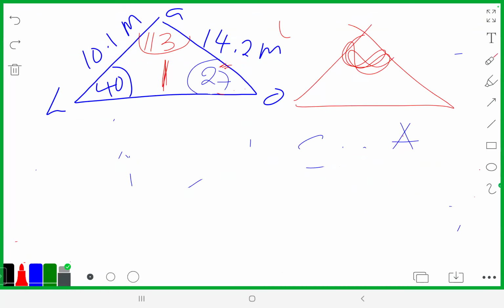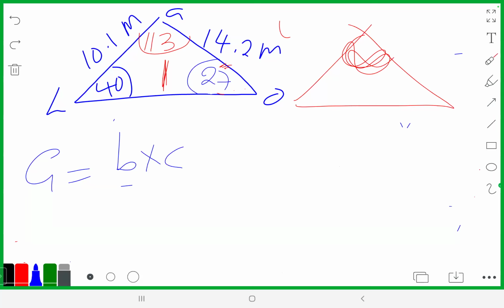If you want to find the area of the triangle for side G in this case, look at the base G. It should be equal to half the base times the other angle, sine the angle.